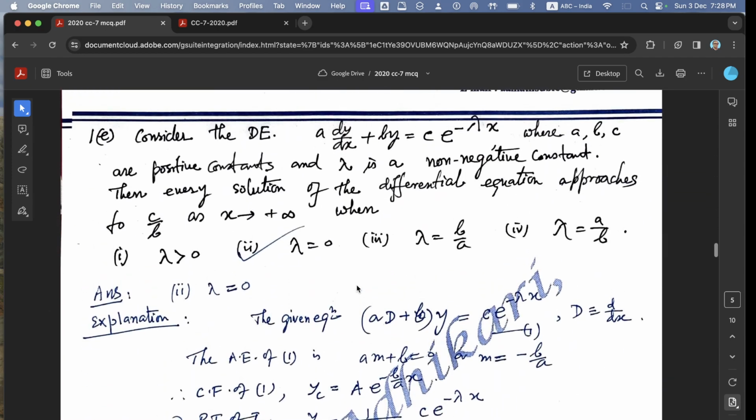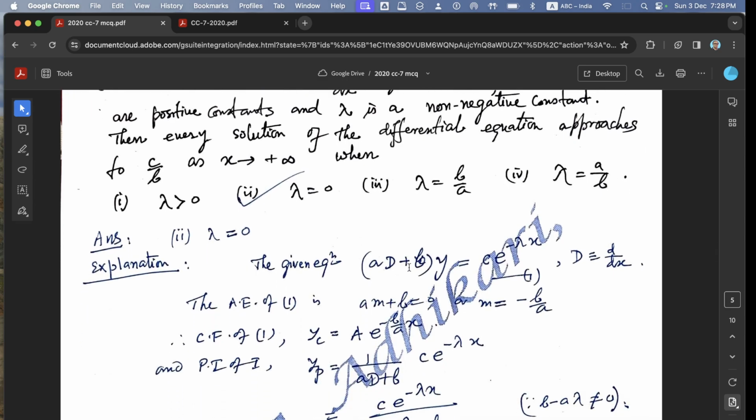The given equation can be written as (aD + b)y = c e^(-λx), where D stands for d/dx. The auxiliary equation is am + b = 0, so m = -b/a. The complementary function of 1 is yc = A e^(-bx/a), where A is an arbitrary constant.